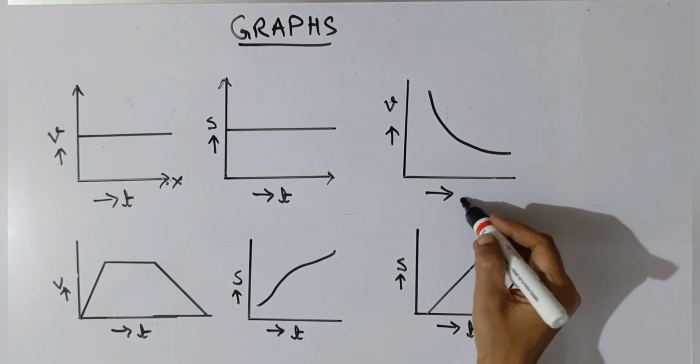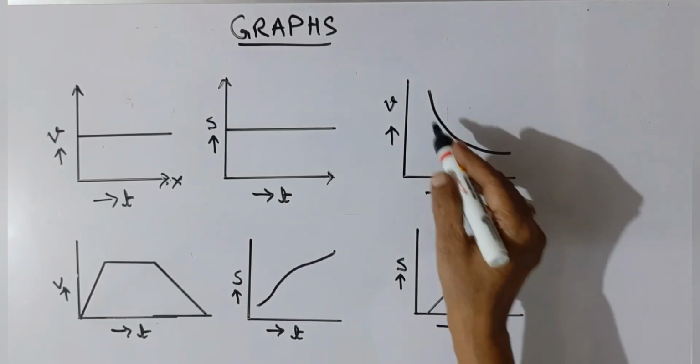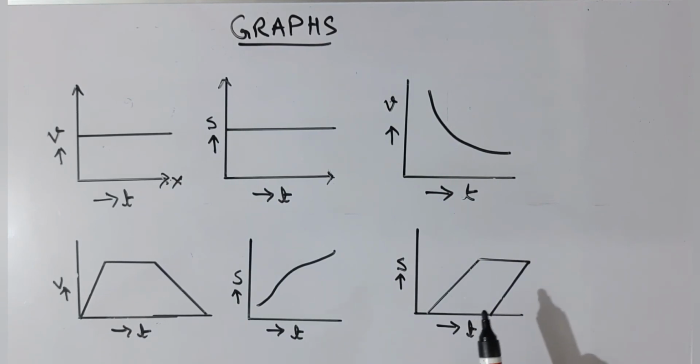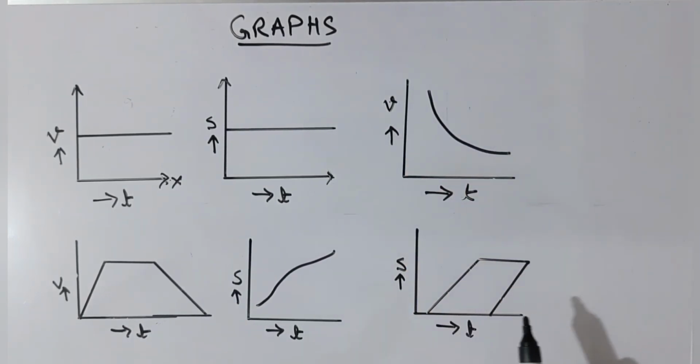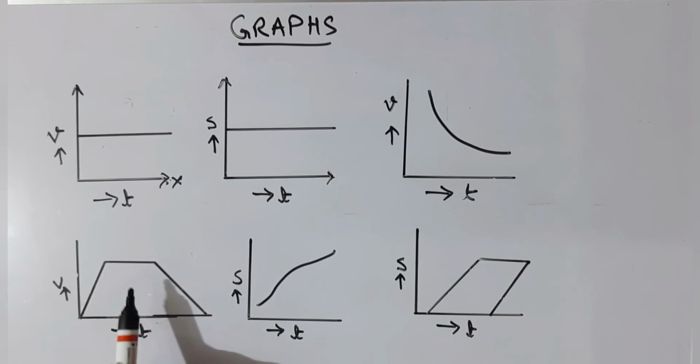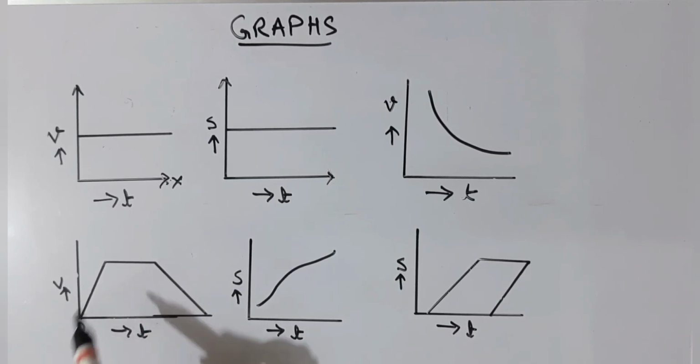Here, the velocity time graph is a curve. It is not a straight line. It means that the velocity is not uniform. It is a non-uniform motion. Here, in this velocity versus time graph, we see that the velocity is not uniform. From point O to A, it increases.